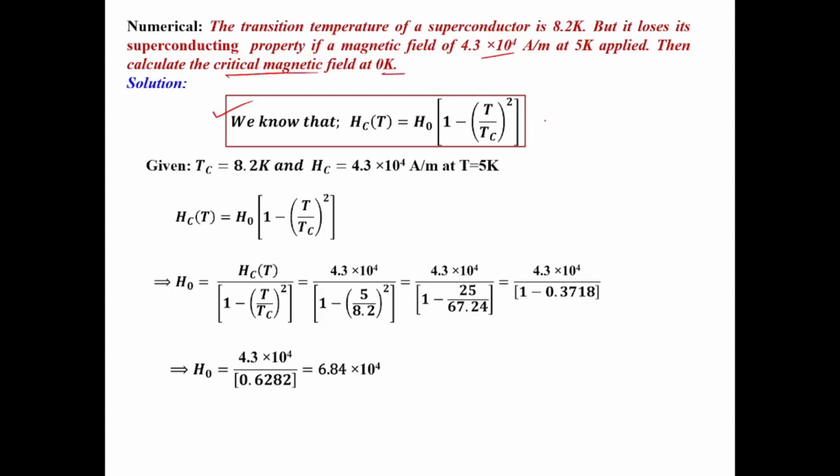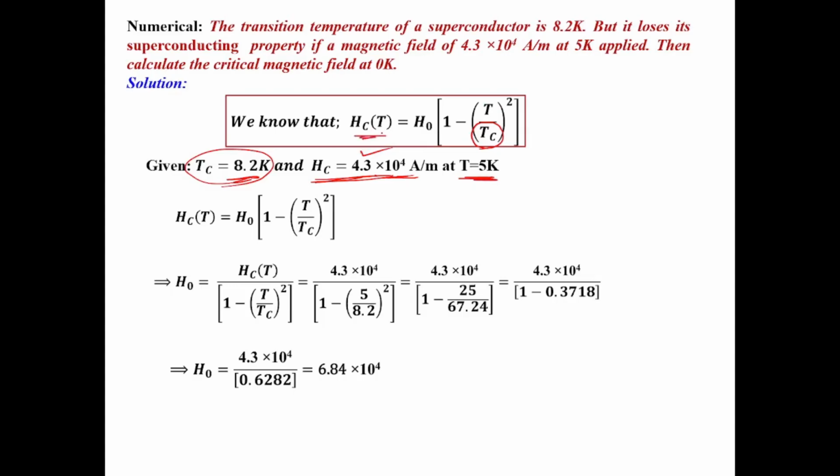We know this expression, and all the data has been given. Tc is 8.2, and Hc is 4.3 into 10 to the 4 ampere per meter at 5 Kelvin. We have to just substitute these values.